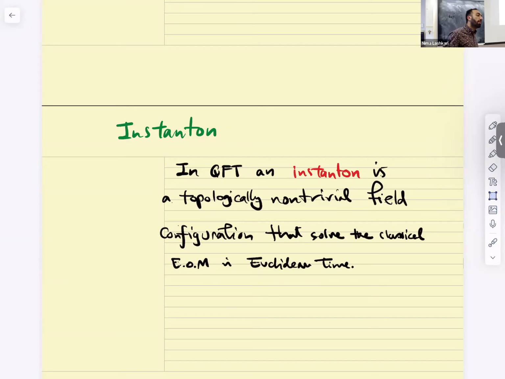Now, one thing to remember: what is a saddle point approximation? Take your path integral, or actually, you have e to the minus S over h bar.